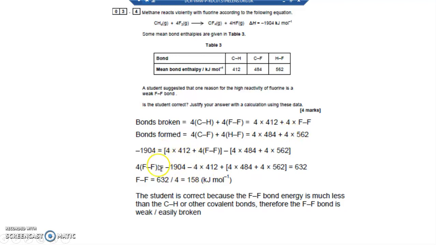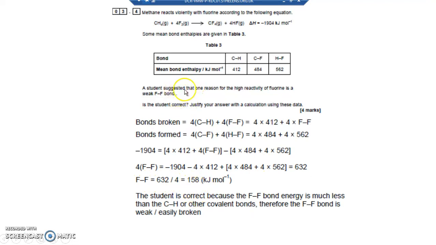So when we rearrange it, 4 lots of FF equals minus 1904, take away 4 times 412 because I've taken it to the other side, so it's gone from plus to minus. And then the minus values here become plus on the other side, and all of that equals 632. So 4 of them equals 632. So one of them is 632 divided by 4, 158.